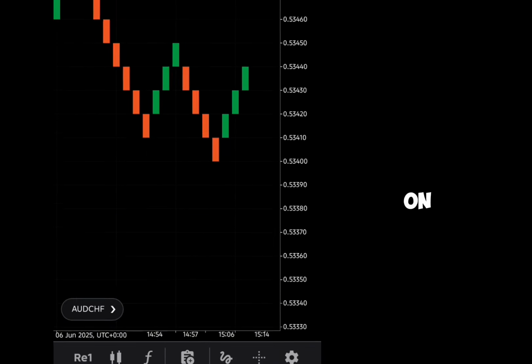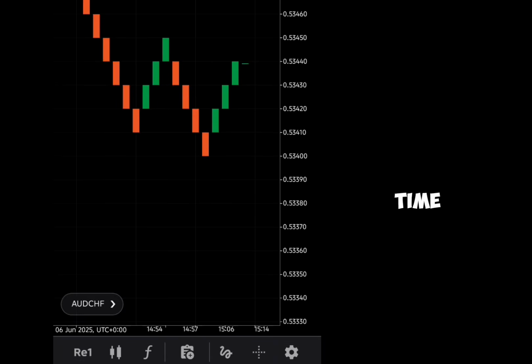It depends on what time frame you are making use of. You can use Renko 1 if you are trading time frames below 5 minutes. You can use Renko 10 if you are trading bigger time frames like 4 hour, like 2 hours. You can make use of Renko 5 for 15 minutes, for 30 minutes time frame. All right, so this is Renko 1.